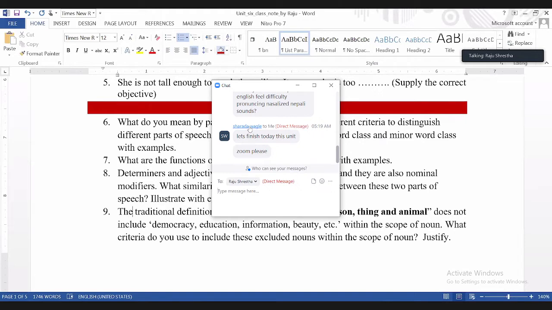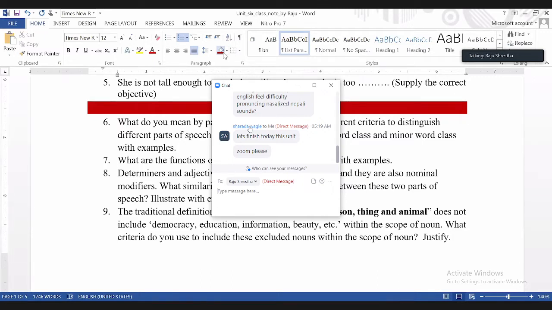Then the traditional definition of noun. The definition of noun says name of place, person, thing, animal. So this definition does not include democracy, education, information, beauty within the scope of noun. What criteria do you use to include these excluded nouns within the scope of noun? Justify.